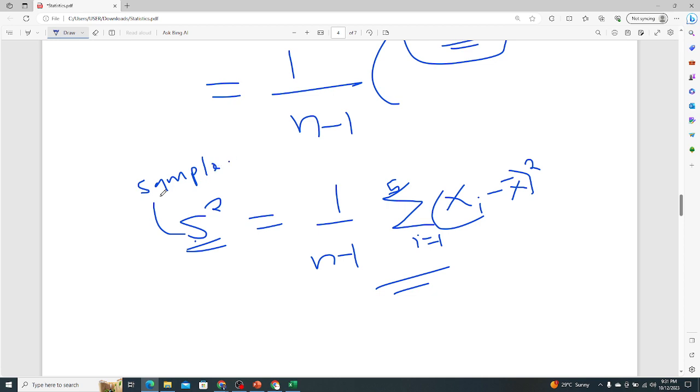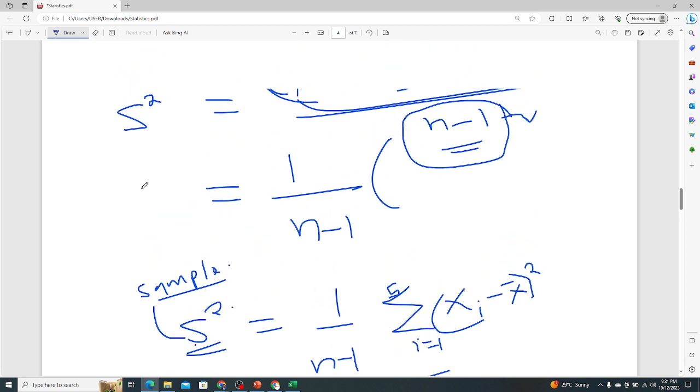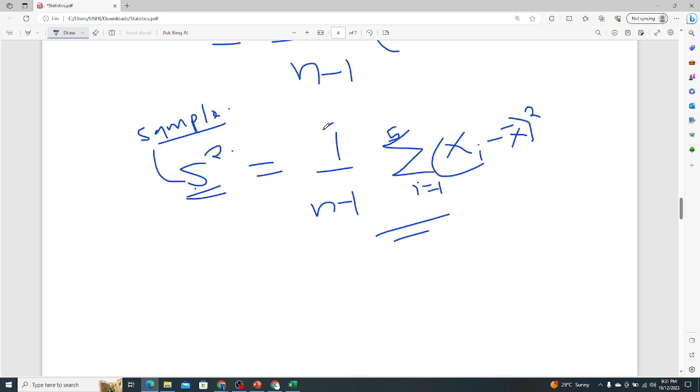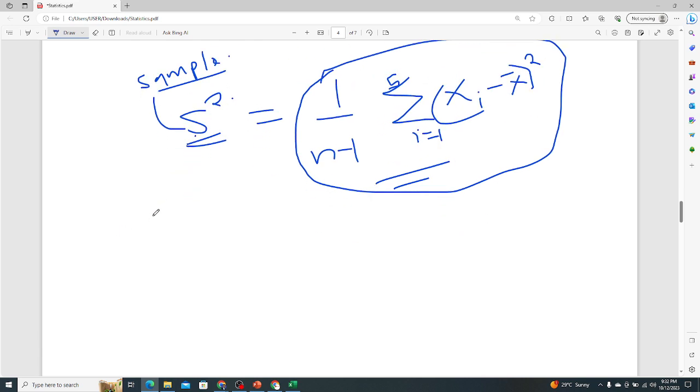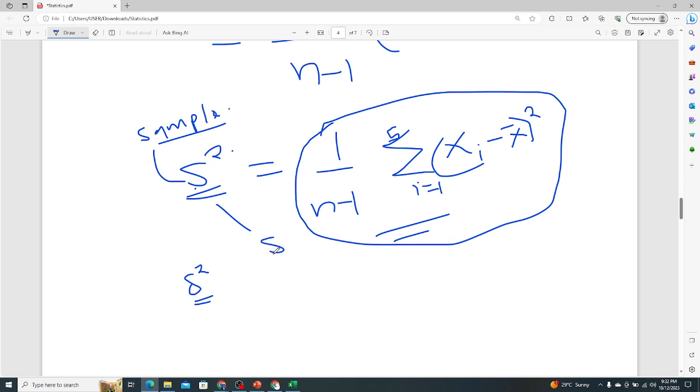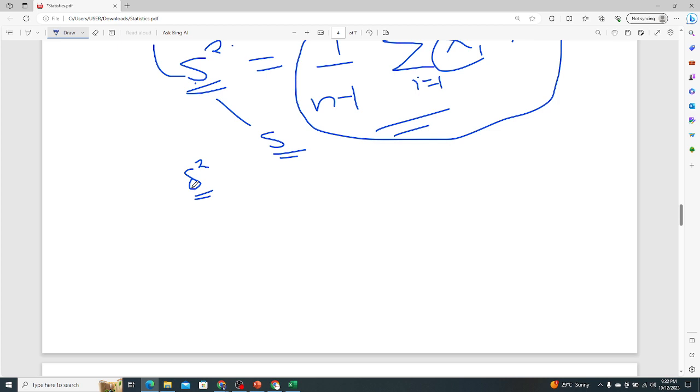This is just a notation: if I see s squared, I know this is variance for a sample data. And if we are to calculate that, we would use this formula. It's the same for population. If you see sigma squared, you will know that this is the population variance. Then the standard deviation of a sample will be s only, and the standard deviation for a population will be sigma only.